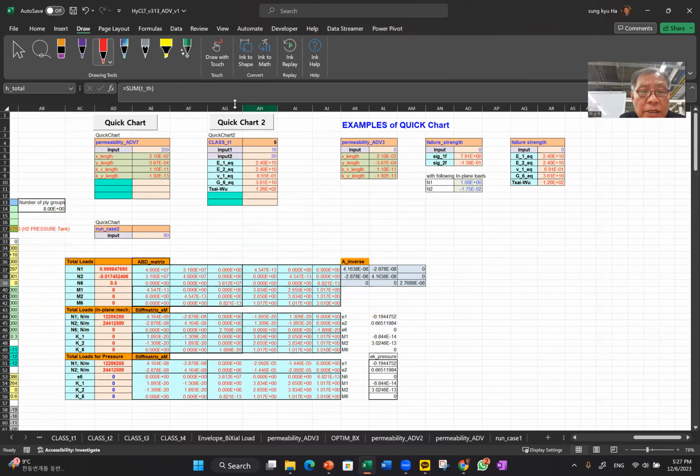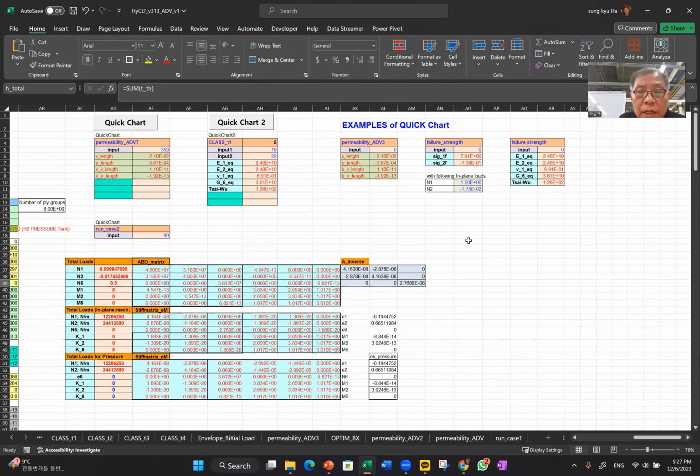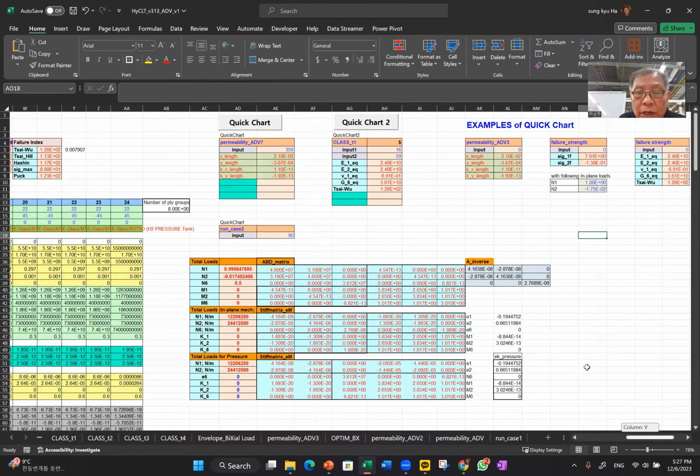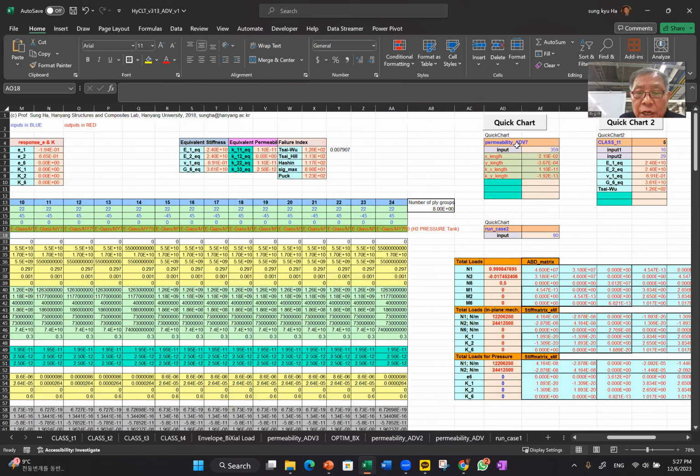It has optimization tools which can be very useful together with this one. Right now we use quick chart and quick chart 2 to vary one variable to show the result, but using optimization, you can get the results more effectively.